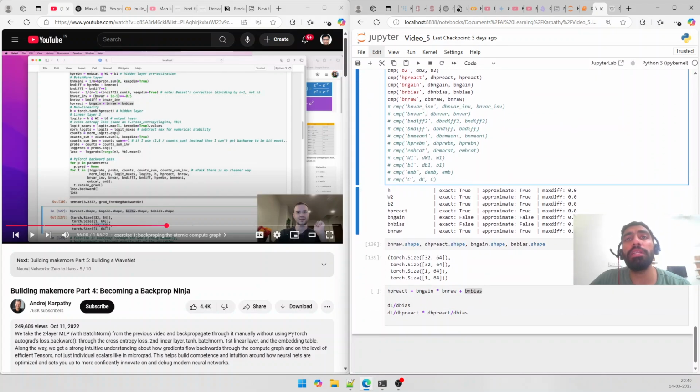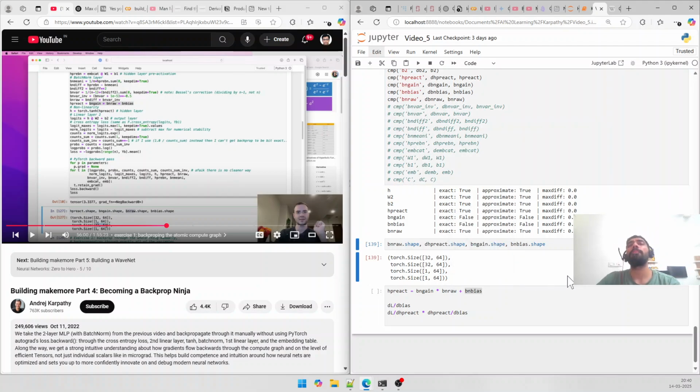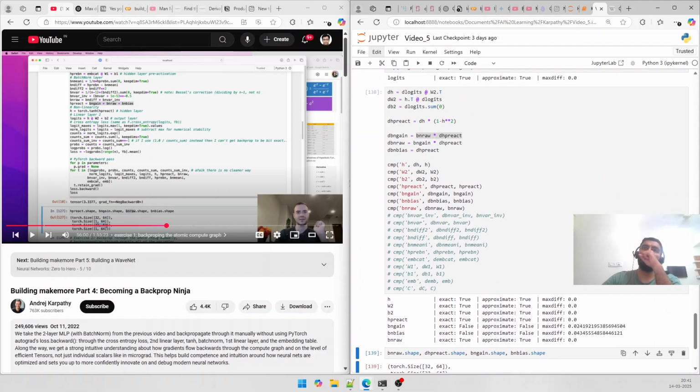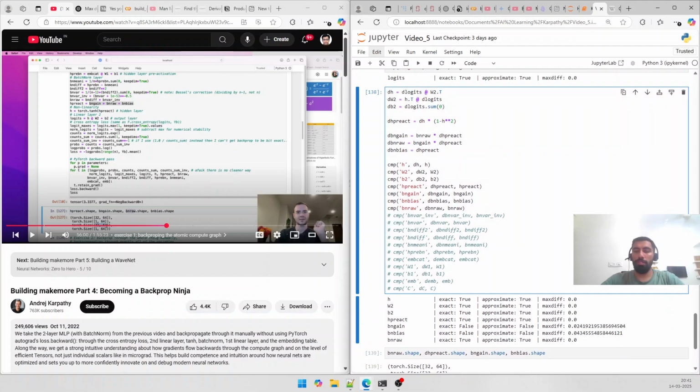But bn gain should be a 1 cross 64. It's like this. So if you have to do a 1 cross 64, right, you need to add in this shape or form.